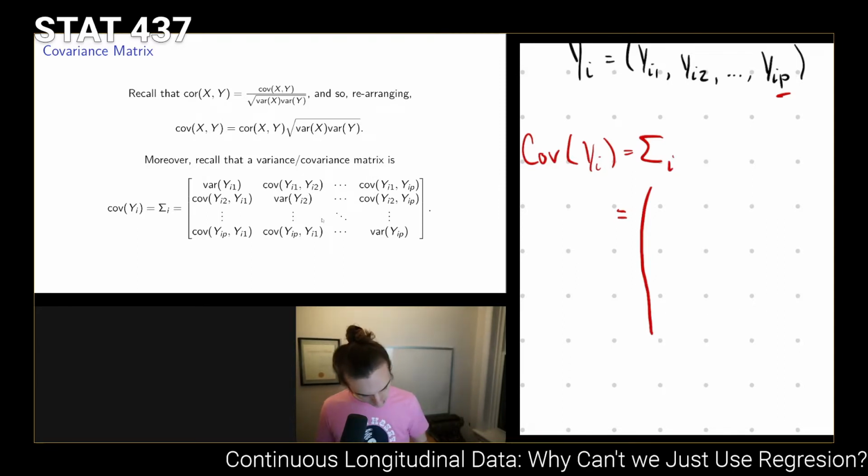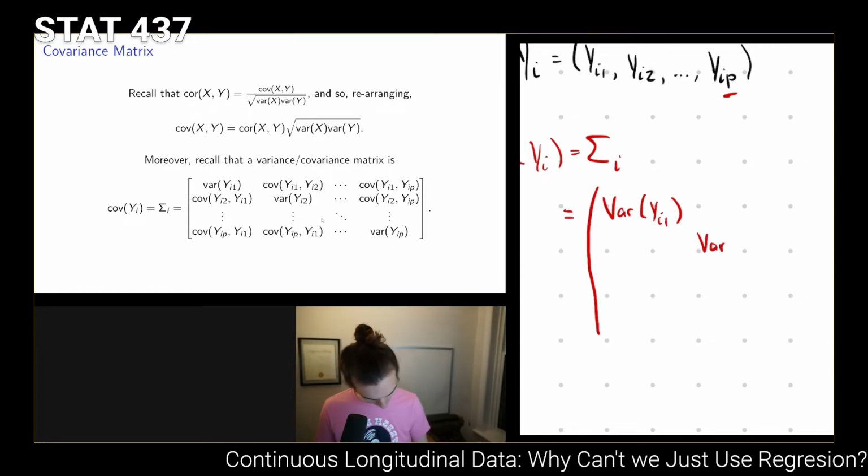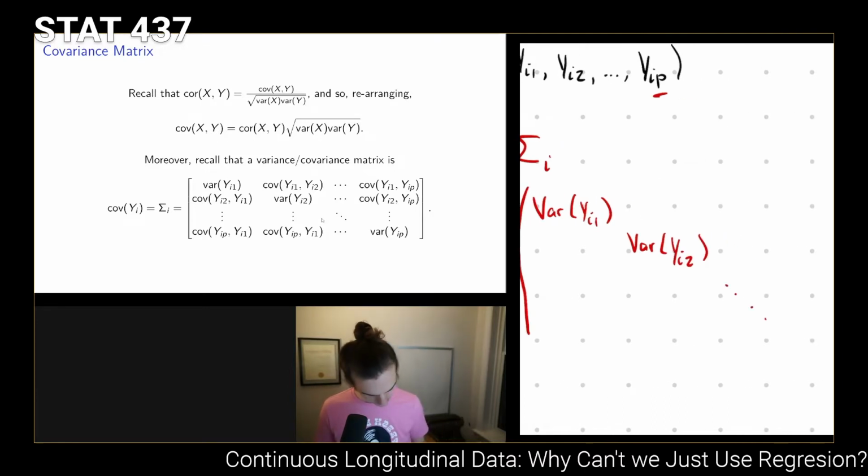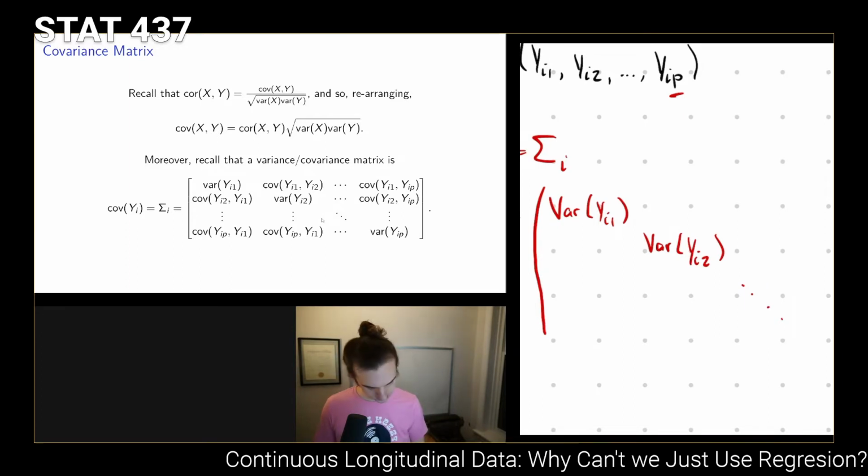On each of the diagonal entries, we're going to have the variance of yi1, and then the variance of yi2, and so on. And then each of the off-diagonal terms is going to be the covariance between these terms, so the covariance between yi1 and yi2. And of course, the covariance between yi1 and yi2 is the same as the covariance between yi2 and yi1.